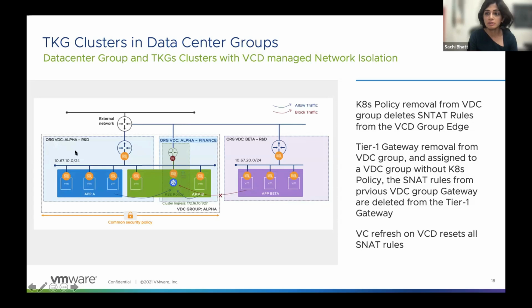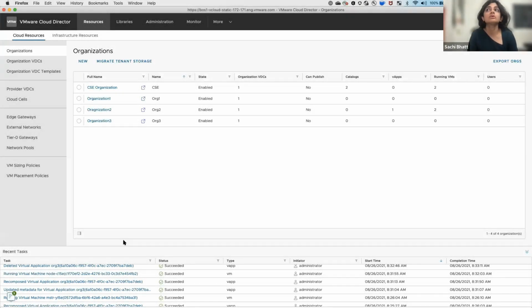Now we can dive into the demo for CSE enhancements. Sure. Let me give you a quick overview of the topology. I have a container service extension installed on my system. This is VCD 10.3.